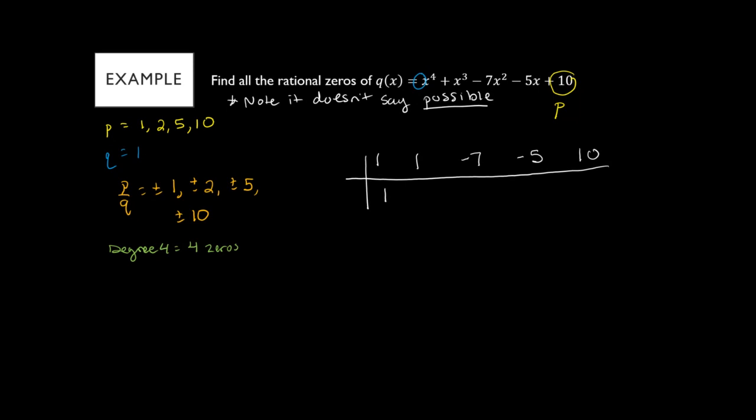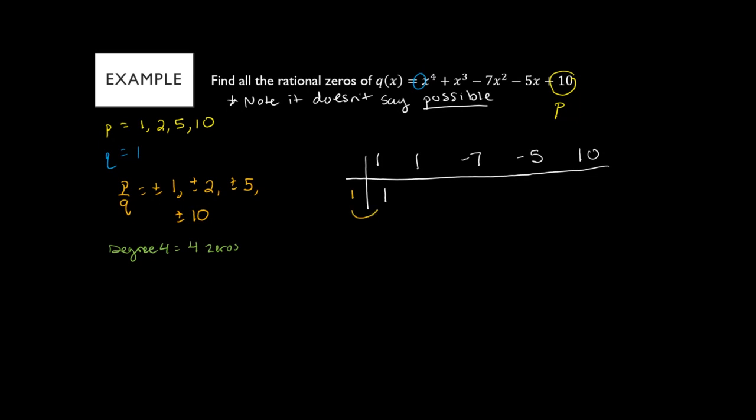And now I'm going to start checking my p over q's. So I start with 1, and then if that doesn't work, I'll try -1, and then I'll move on to 2, and then I'll try -2, and I'll keep trying these numbers until I have found all of the rational zeros.